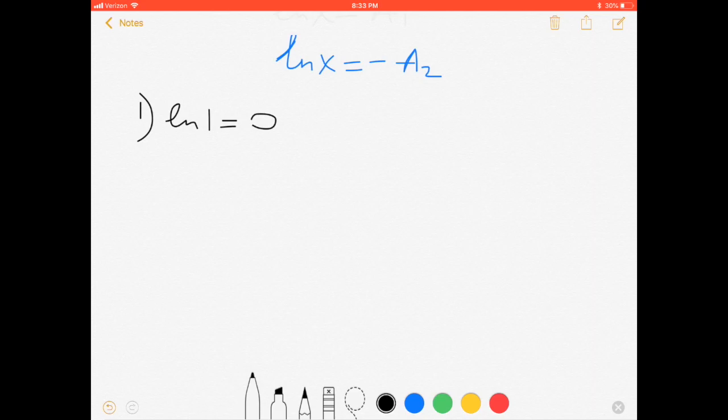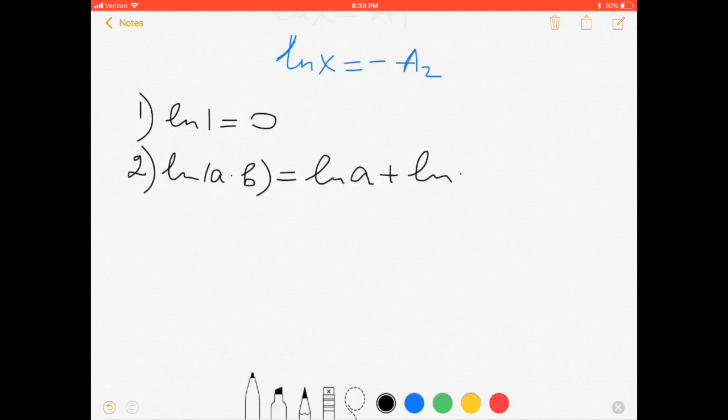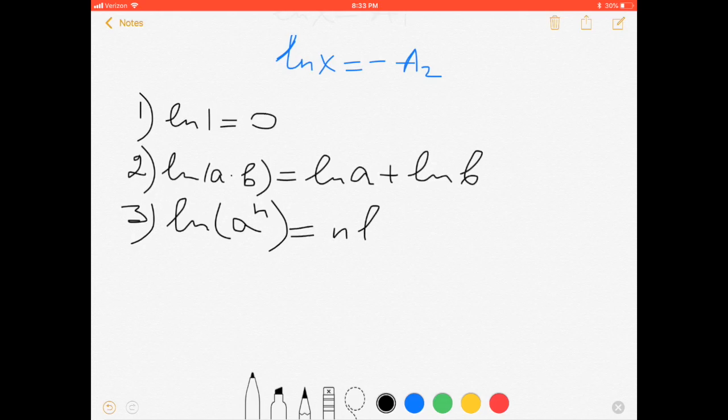Any function gives you 0 if your integration borders are the same. And then natural log of a times b will be natural log a plus natural log b. Third, natural log of a to any power n will be n in front times natural log a.